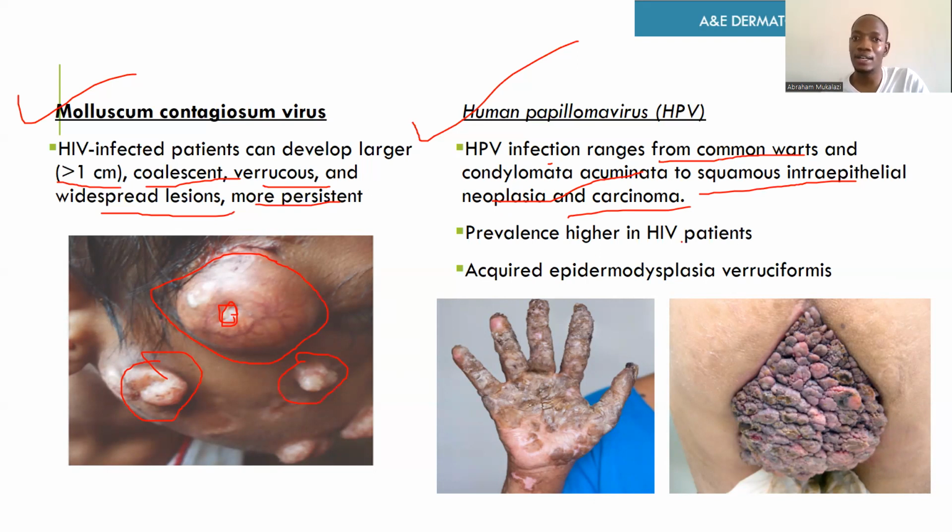The prevalence of human papillomavirus is high in patients living with HIV. Sometimes they can also end up with acquired epidermodysplasia verruciformis. As you can see in this picture, this is a person who had HIV with giant verrucous plaques on the hands, and now this one has a giant condyloma acuminata in the perianal area. These ones are very hard to treat, with high recurrence rates, and very stubborn to medicine.